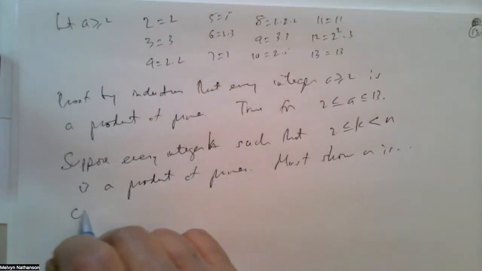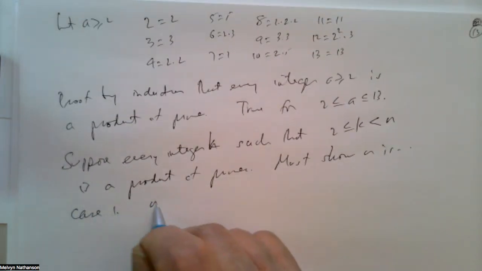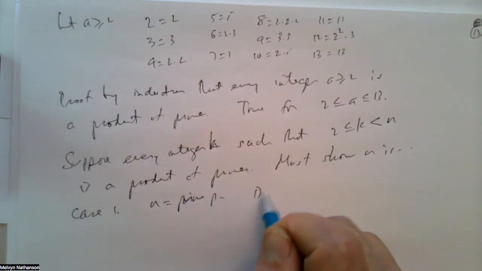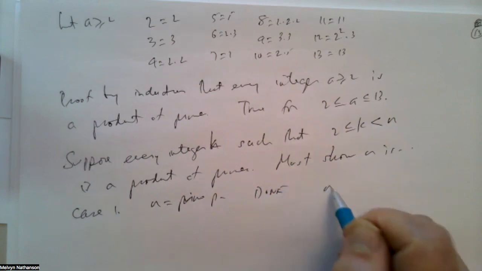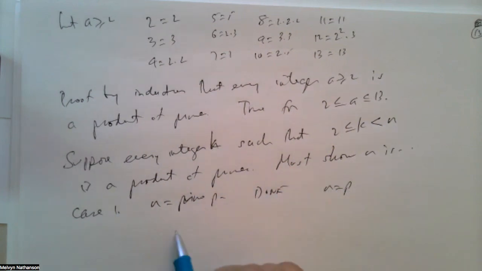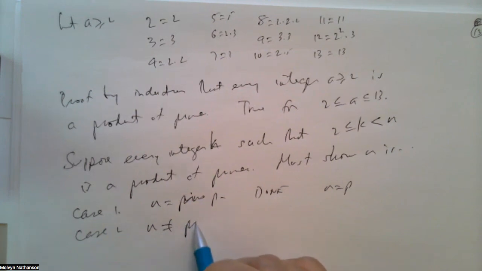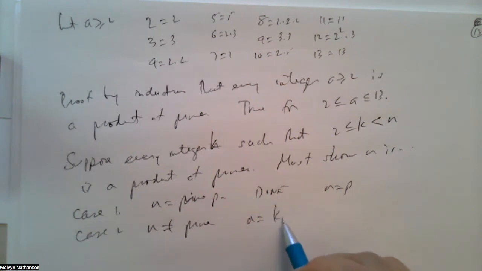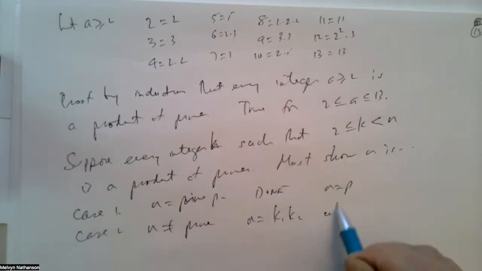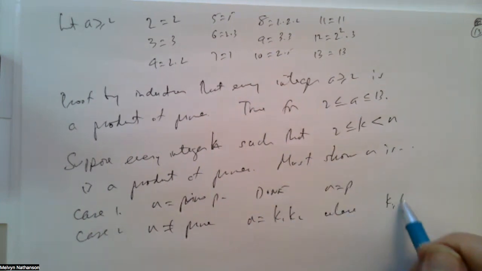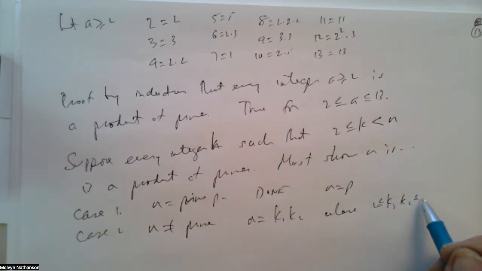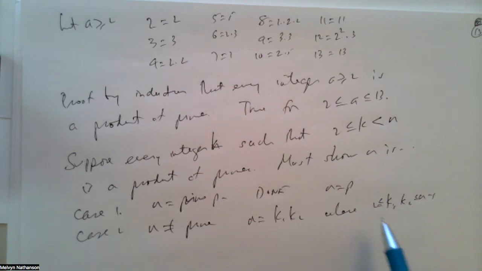How is that? There are two cases. In the first case, n is prime, and we're done. n is a product of one prime. In case 2, n is not prime. So then n factors as k1 times k2, where k1 and k2 are both between 1 and n.